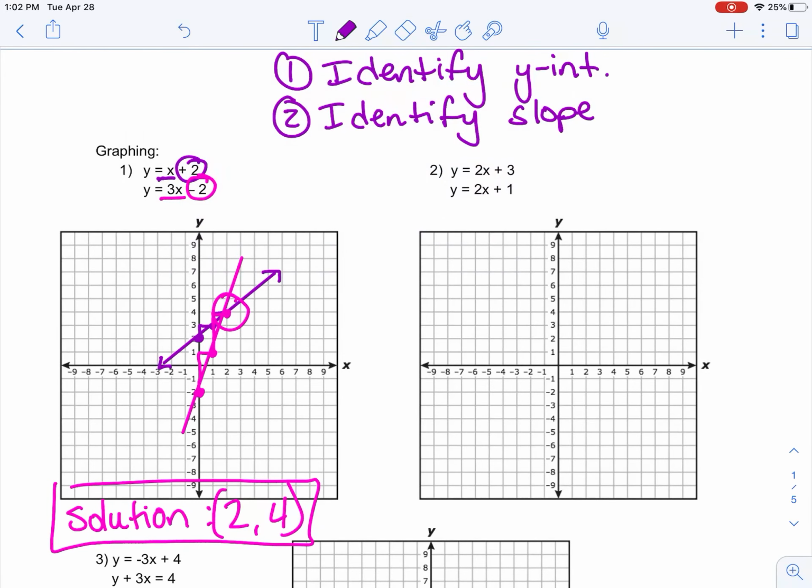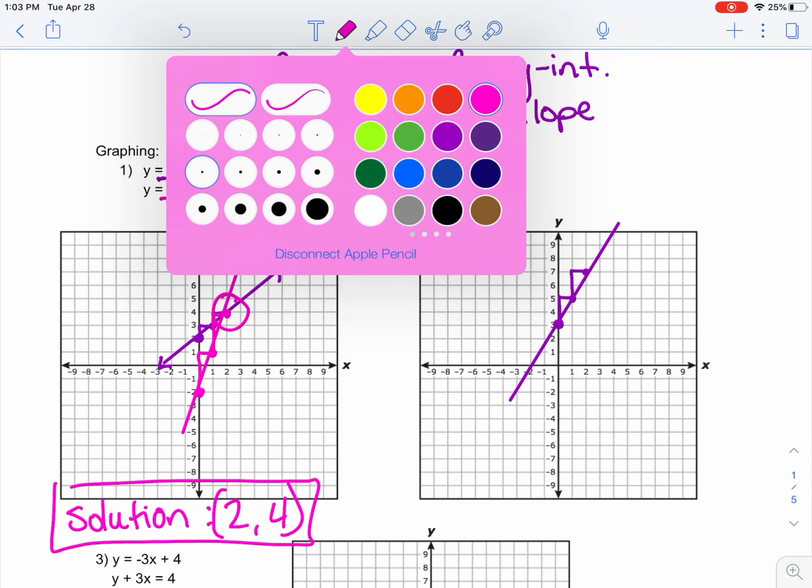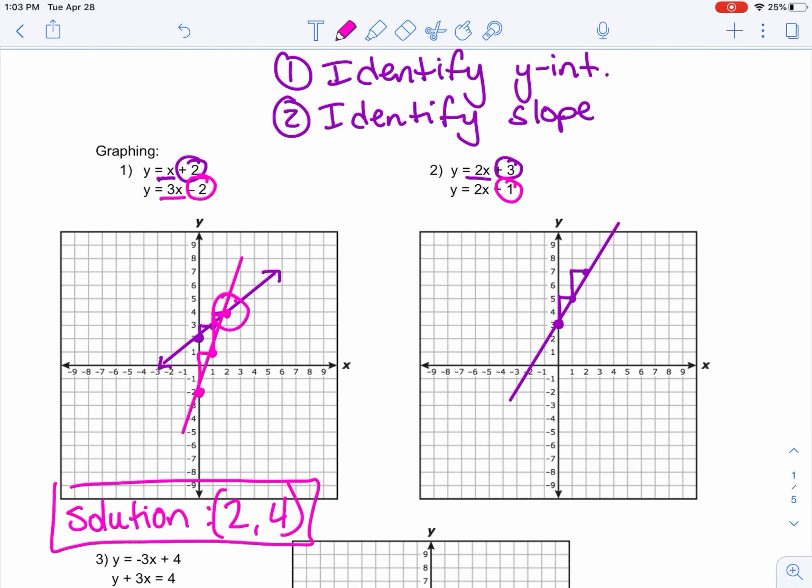So if we look at number 2, y-intercept of the first equation is positive 3, and my slope is 2. So up 2 over 1. Up 2 over 1. And then you can draw your line through there. Same thing with the second equation, positive 1, sorry.